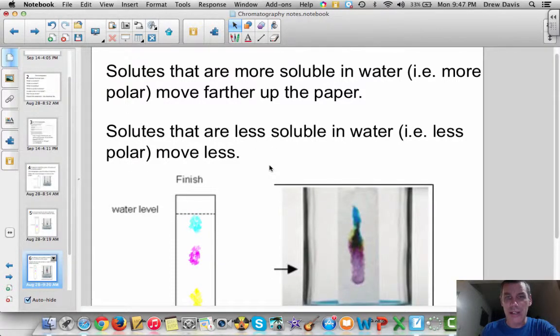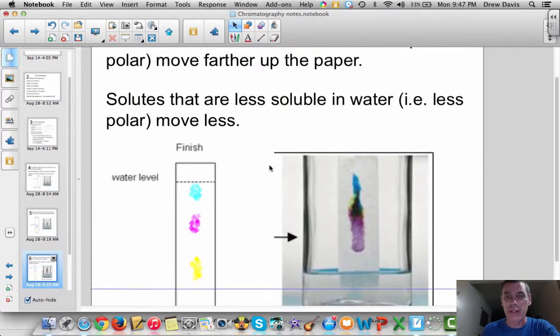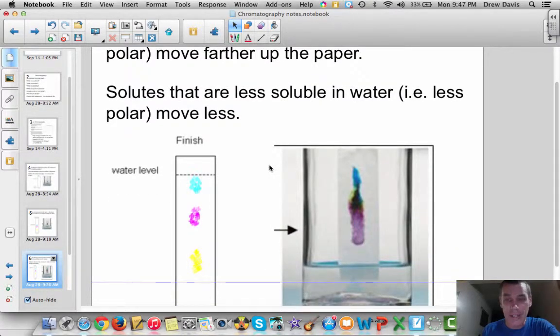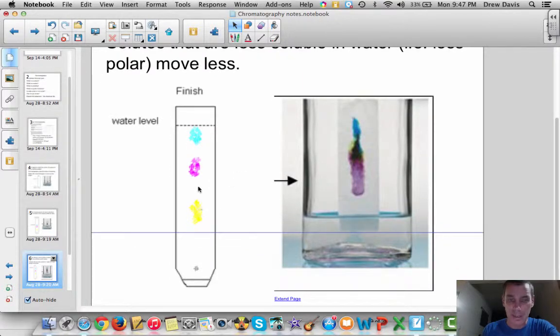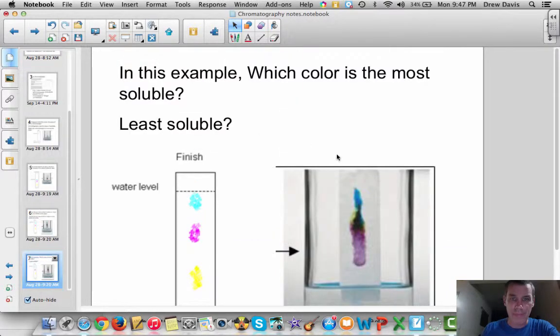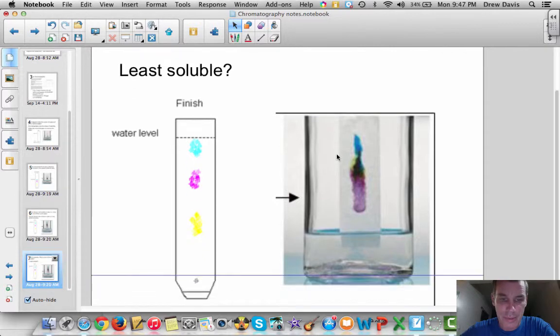So as we said, solutes that are more soluble move farther up the paper. Solutes that are less soluble, hence the like dissolves like, move less. And so our components, the blue and pink and yellow, have now been separated by a process known as chromatography. Take a look at this one. Which one do you think is the least soluble?